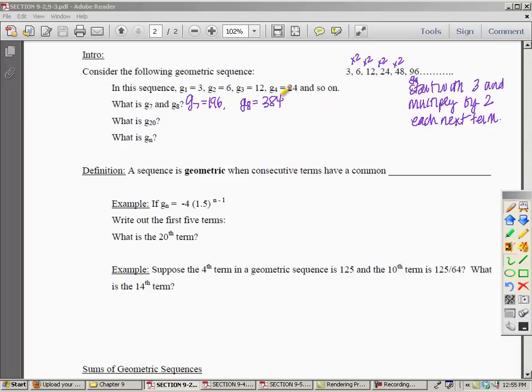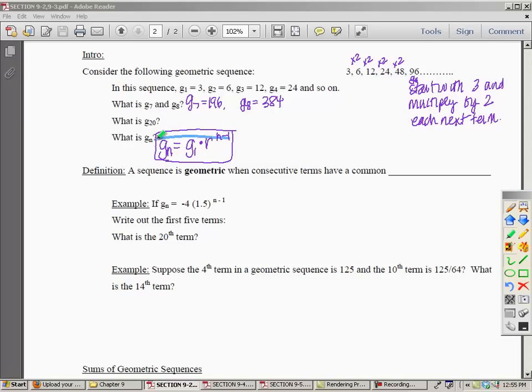Now again, I'm going to skip the 20th term until I know a nice rule. The rule for geometric: G sub n equals G sub 1, the first term, times your ratio, whatever you multiply by each time, to the n minus 1. This is your general formula.